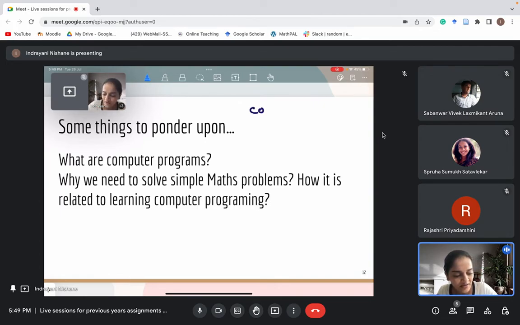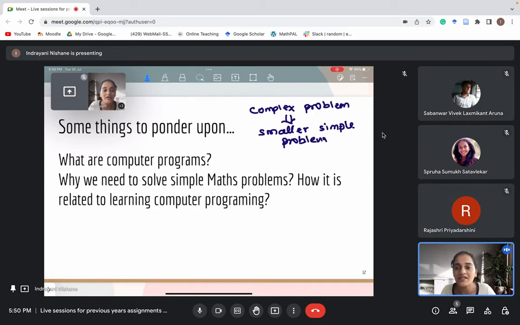If there are certain complex problems, we will try to simplify them by breaking them down into smaller, simple problems, right? And then try to solve them.